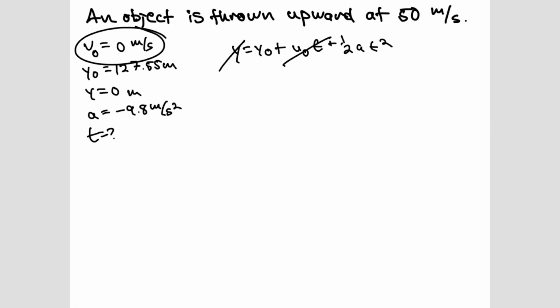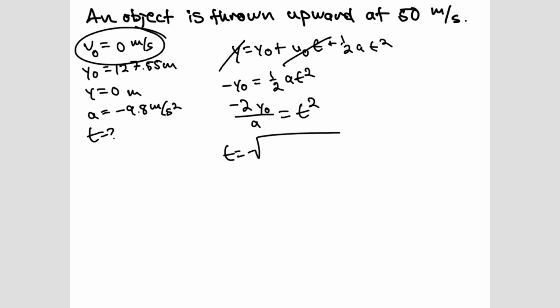So now I have negative y naught is equal to 1/2 at squared. So negative 2 times the initial height divided by the acceleration is equal to t squared. Then t is equal to the square root of negative 2 times our initial height, 127.55 meters, over acceleration, 9.8 meters per second squared.